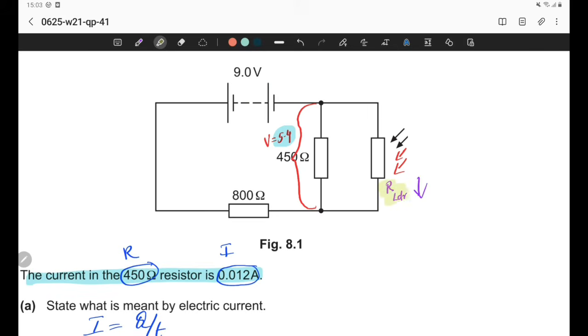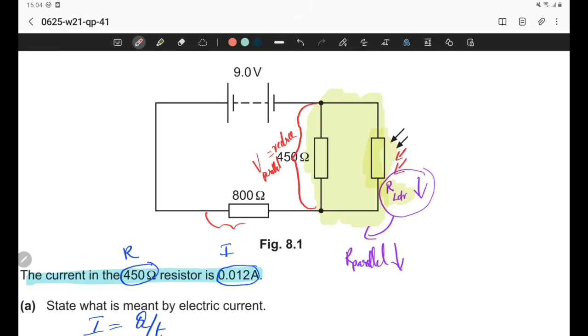When the resistance of the LDR reduces, the resistance of this parallel combination will also reduce. When the resistance of this parallel combination reduces, the voltage drop across this parallel combination will also reduce.